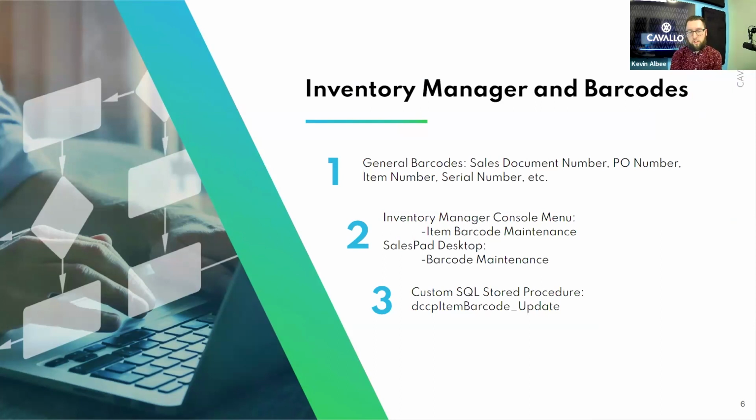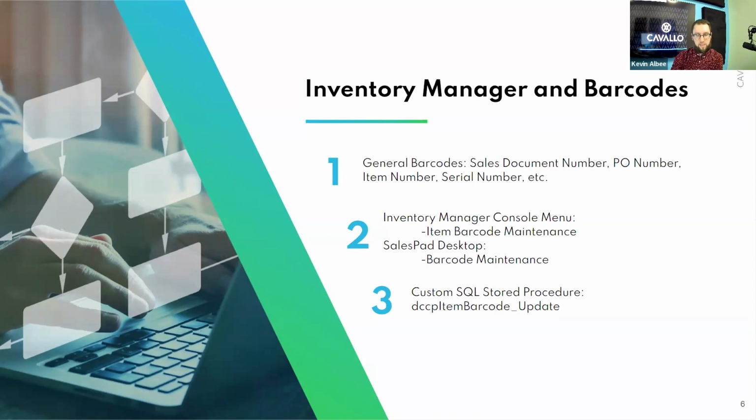So in the Inventory Manager console, one menu I didn't talk about yet is the item barcode maintenance menu. That's where you can go in and specify that this barcode value pertains to this item in my system. So if I scan that barcode, it should automatically be translated on the scanner to show the item number instead.